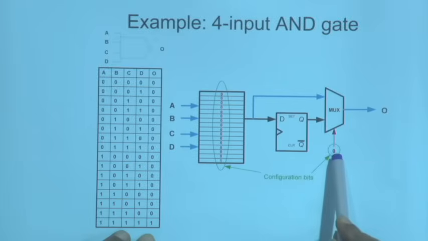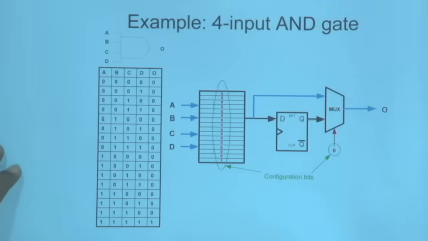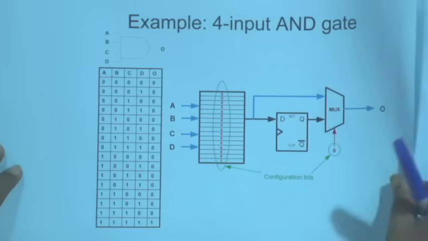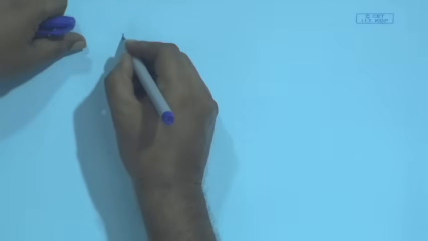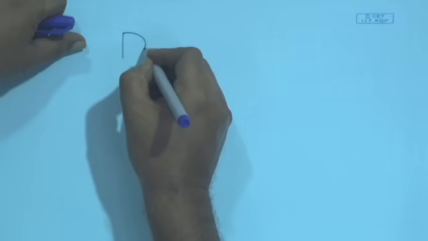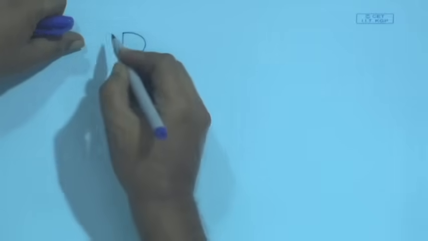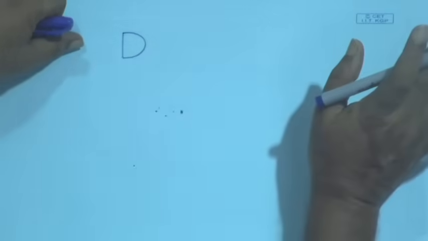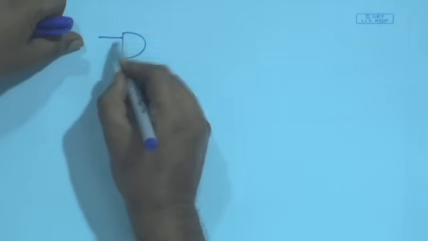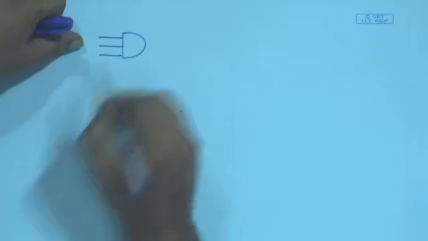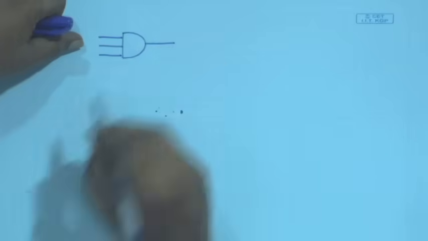Not clear? So, let me once again do this. Good that you said it is not clear. So, I want to implement a gate, let me simplify it, I'll make it a 3 input AND gate, and the output will come.